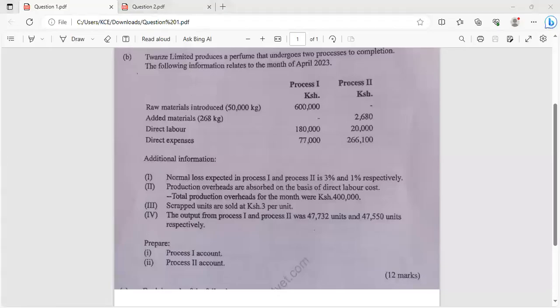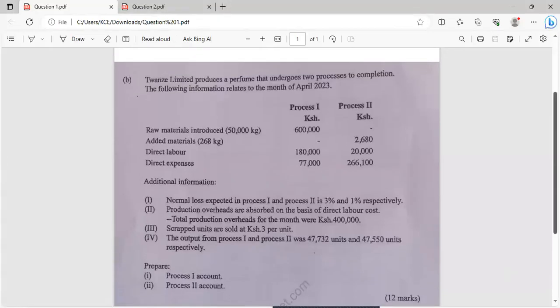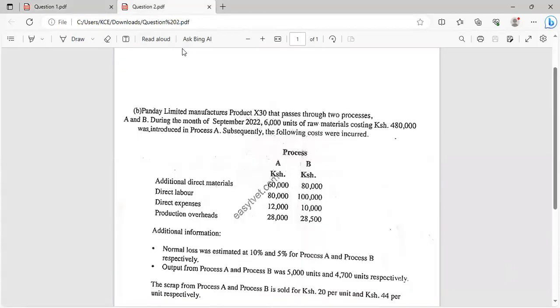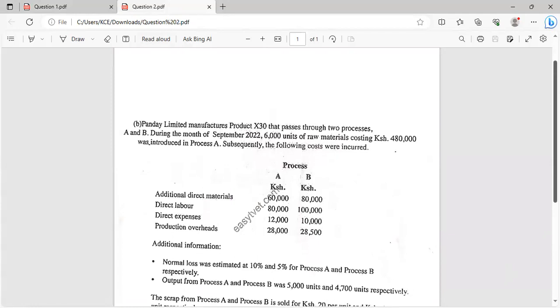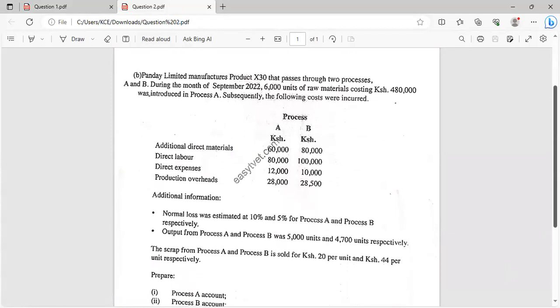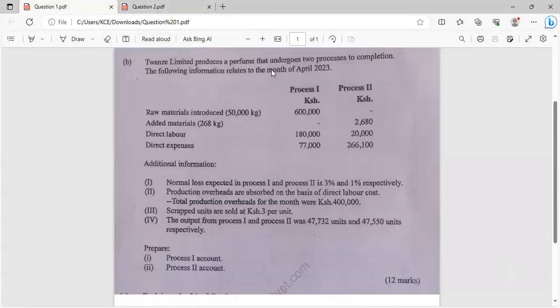And the total amount is 600,000. If you wish to get the cost per unit, then you simply divide the two, and you will be able to obtain your cost per unit.